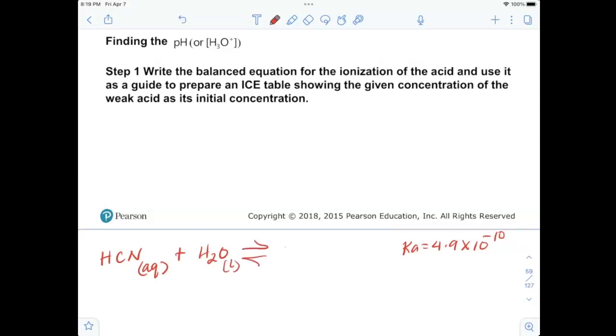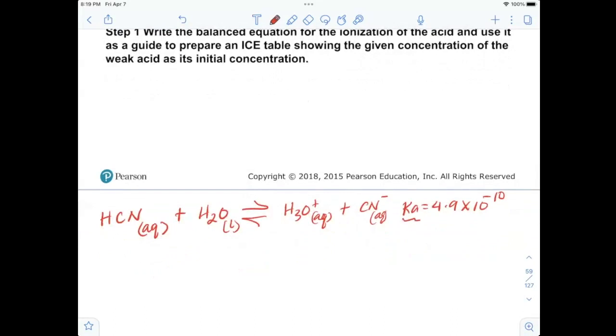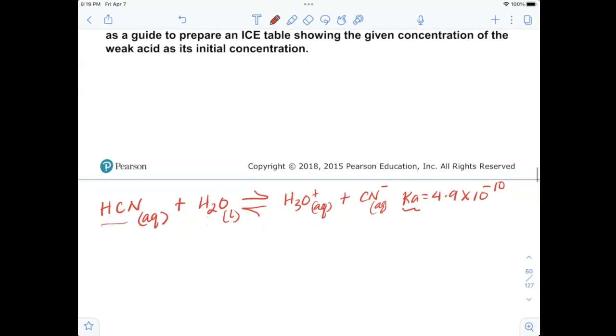You have your equilibrium arrows. It forms H3O plus, plus what's left over here, CN minus, the conjugate base. So remember, Ka, the equilibrium constant for the acid, the A there stands for acid, is because we have a weak acid given to us.